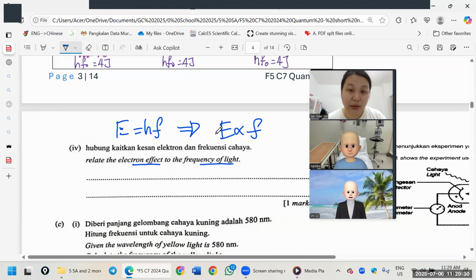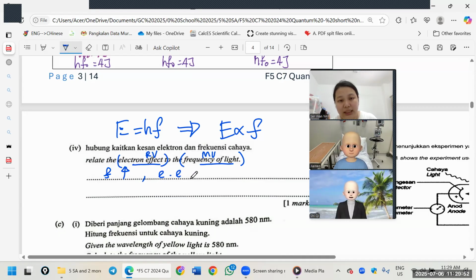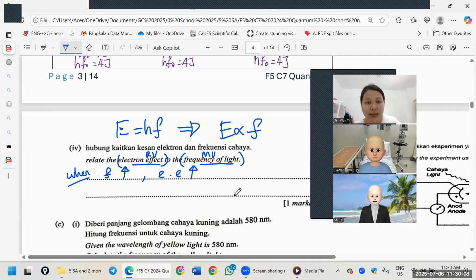Of course, this one can use directly proportional, but for safety I still encourage you all to say MV first, then RV. So we say frequency increases, electron effect increases too. Please start with "when", because in paper 3, when you write a hypothesis, please start with "when". When f increases, electron energy increases.